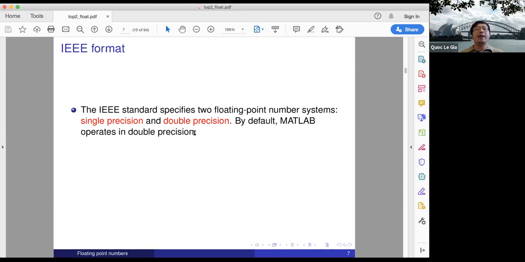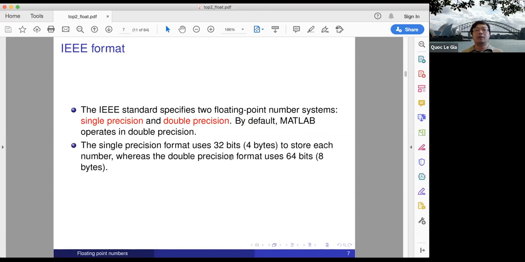Okay. And they have only two major types: single precision and double precision. So what is the difference? Single precision uses 4 bytes to store floating numbers, and 4 bytes is 32 bits. Double precision uses 64 bits, 8 bytes. 1 byte is 8 bits. The terminology bytes and bits was given by them around the 1970s as well.